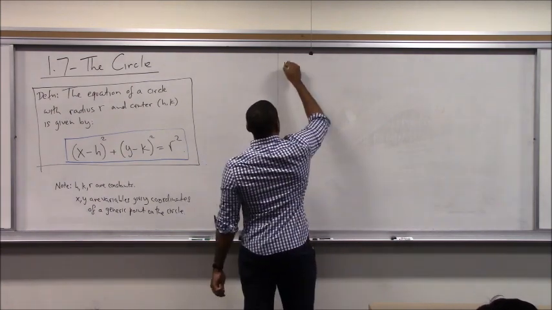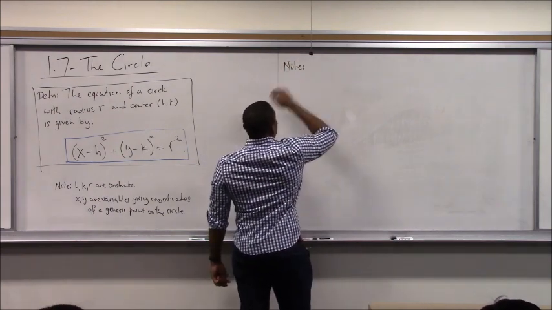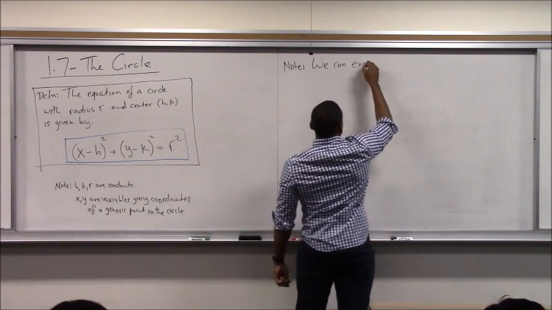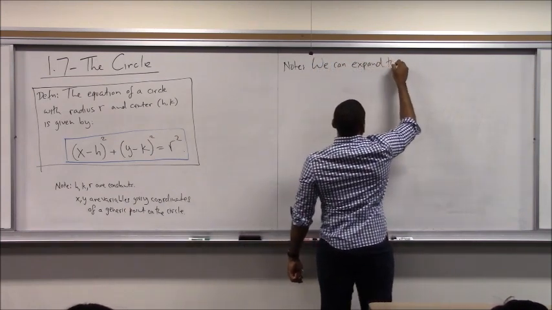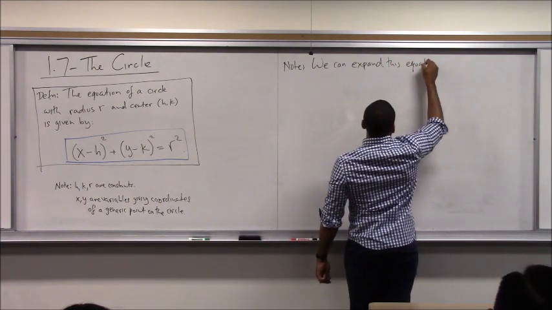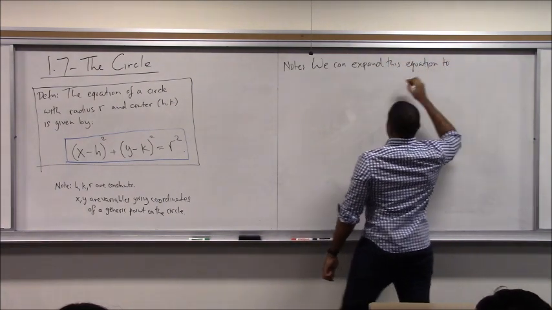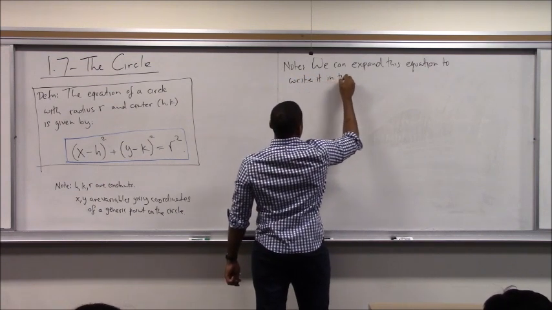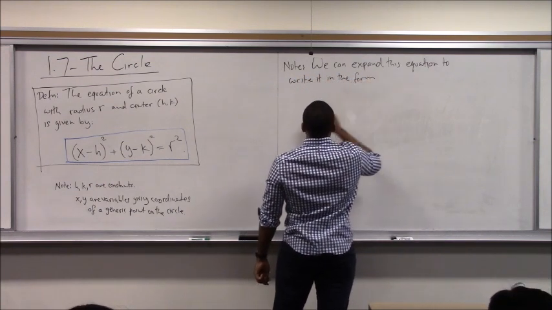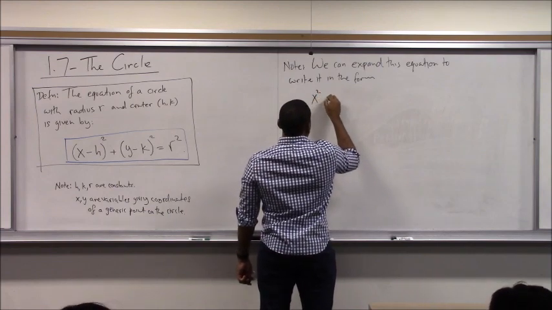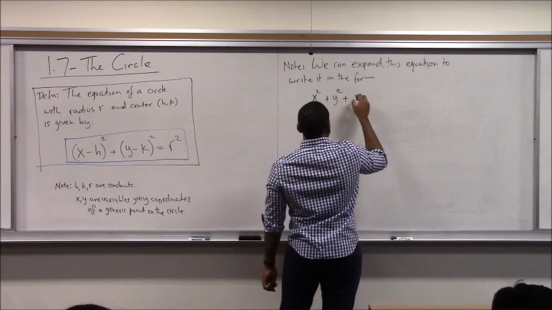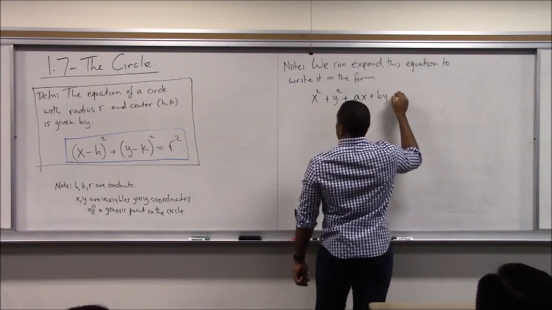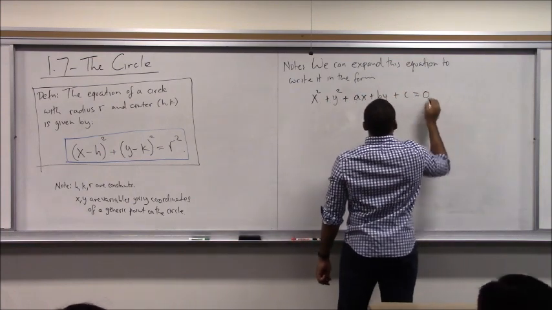What you want to note is that we can expand this equation to write it in the form, say, x squared plus y squared plus ax plus by plus c equals 0.